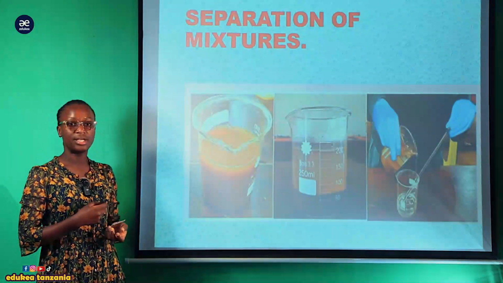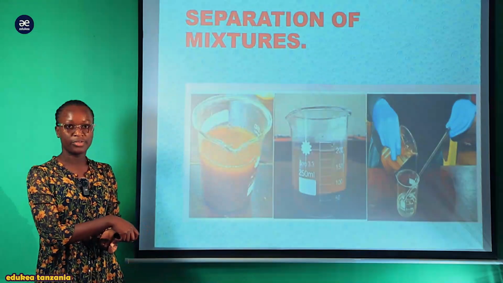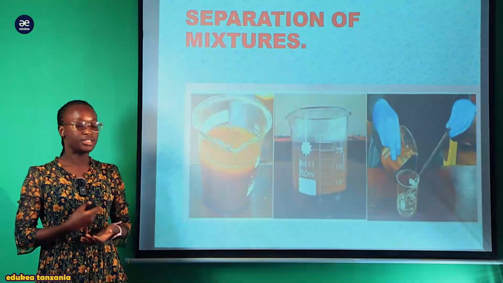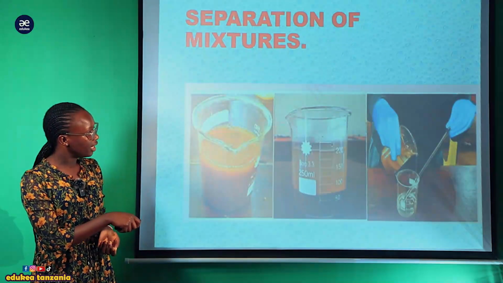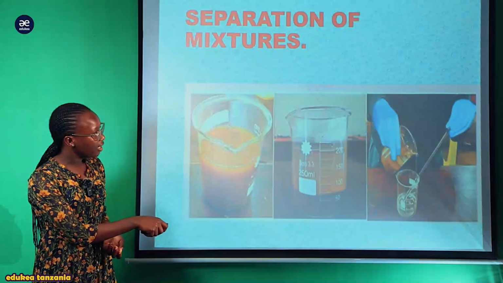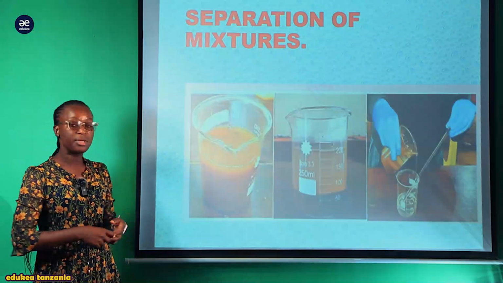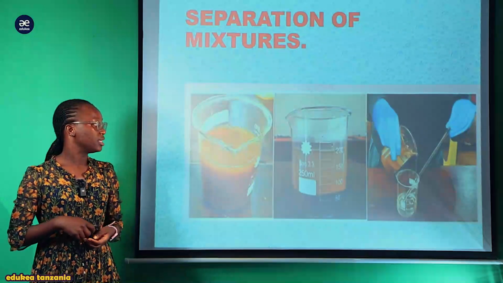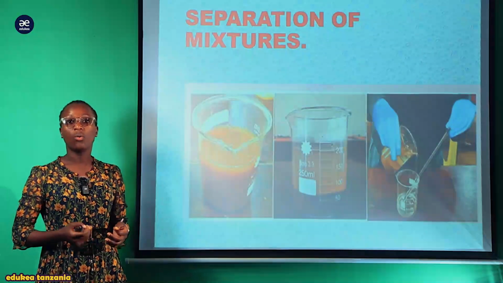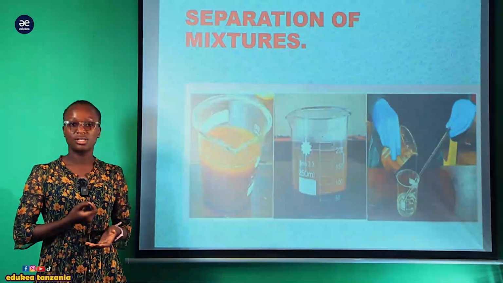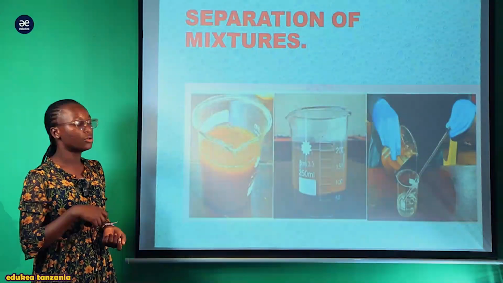And at the same time, you can see there is sediment formed at the bottom of our container, and the liquid is above the sediments. Now, there is where you can pour out the liquid and ensure that these sediments remain at the bottom of our container. This is a very simple demonstration. You can try it at home, or when you are in school, in the chemistry laboratory, so that you can improve your understanding concerning this concept.